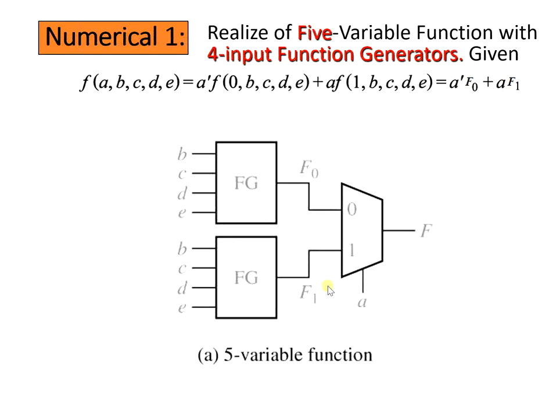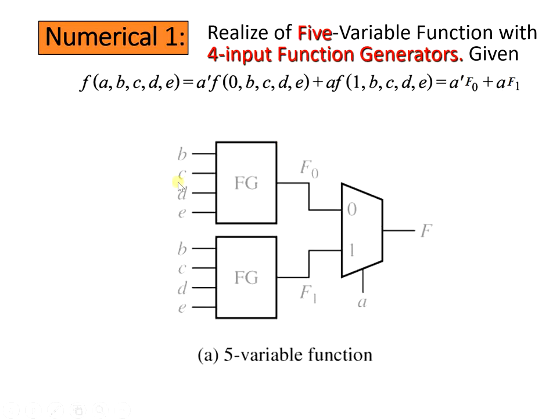Here is a question which says we need to realize a 5 variable function with 4 input function generators. They have given a 5 variable function f of A, B, C, D, E. I can directly write this as A bar F0(B, C, D, E) plus A F1(B, C, D, E), which I can represent as A bar F0 plus A F1 directly using Shannon's expansion theorem.